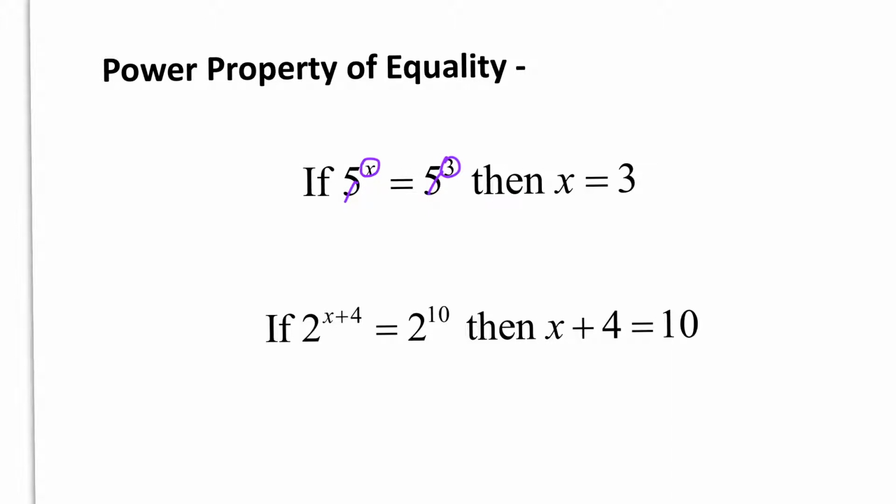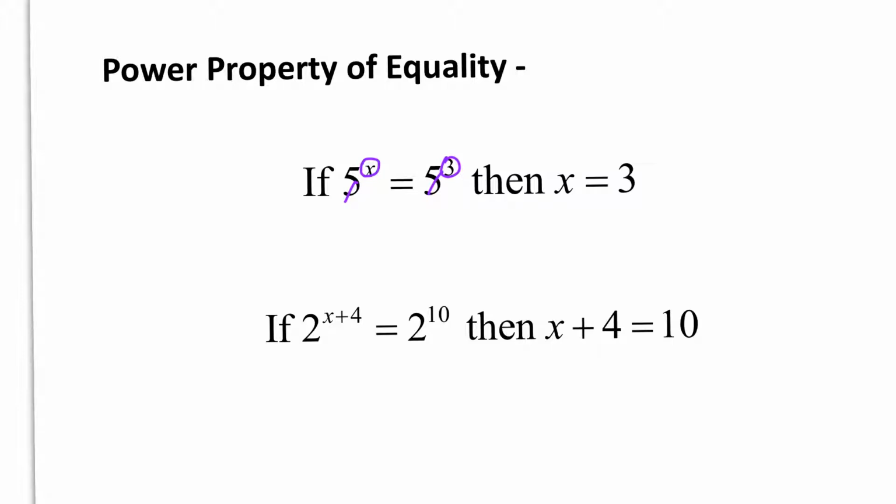So I do have an x and a 3, so I'm going to put x equals 3. So my solution, my answer, is x equals 3. But the catch is you need to have the same base on each side of the equation so you can cancel the bases. This is an exponential equation. It's not the regular linear equation you learned previously, but this is just a little bit different.